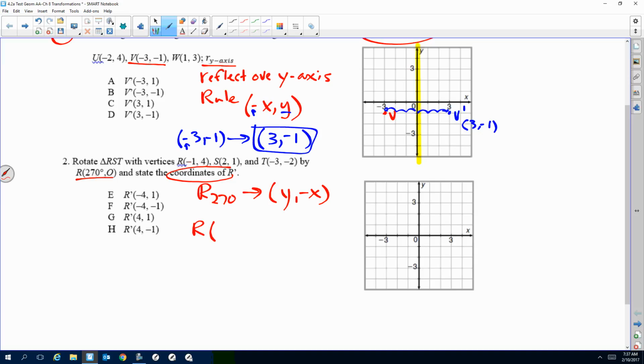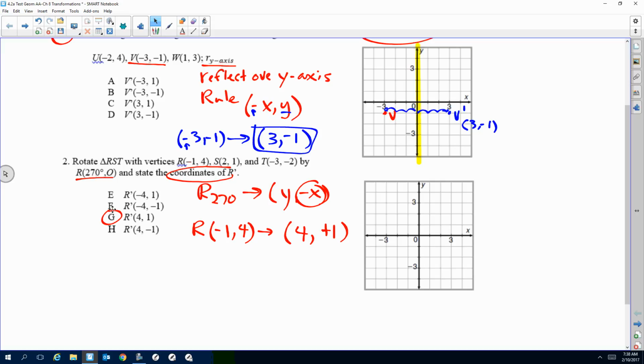R is -1 comma 4. This rule basically says we're going to switch the order, and change the x. So if I switch the order, that would be 4 comma -1, but then we've got to change the x, so it was negative, we now change it to a positive. And then there is our answer. So you're definitely going to see 270, so please memorize that.